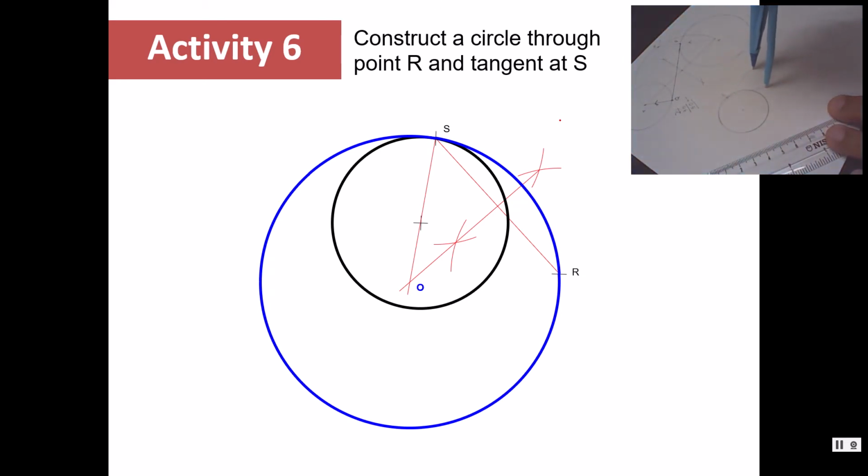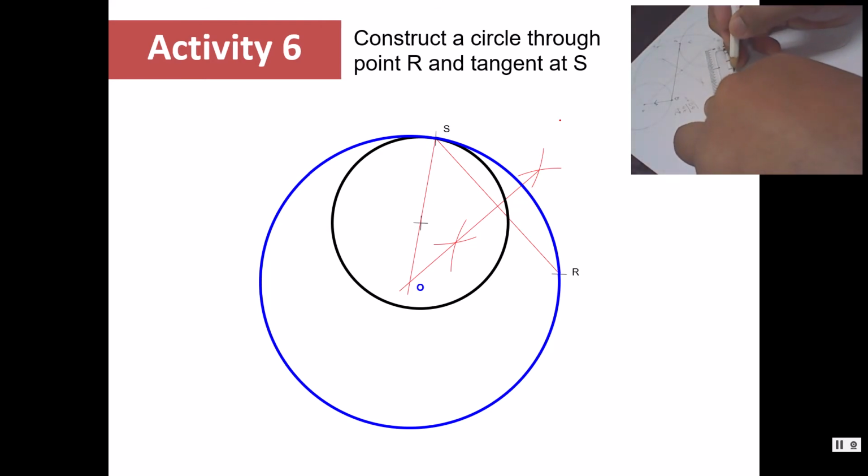So just draw arcs here and here, from here and from here. Okay, so you have these two points, then connect them so that you have a straight line, and then from S it should touch the center point of the circle.